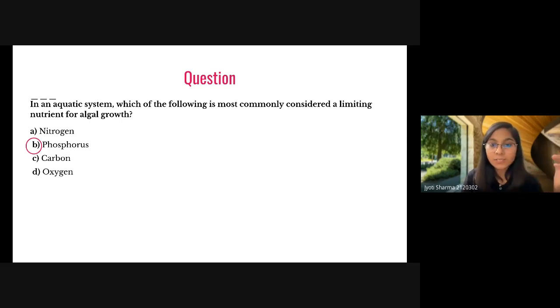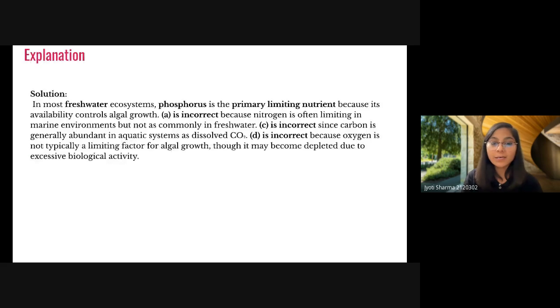Initially it was a phosphorus limiting water body, but after applying this fertilizer, we are making this water body full of phosphorus. So that's why B is the right answer. In a freshwater ecosystem, phosphorus is the primary limiting nutrient because its availability controls algal growth.